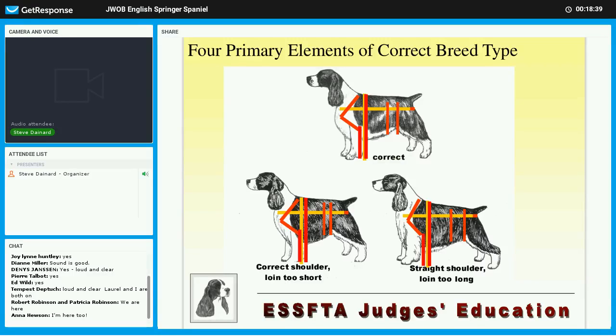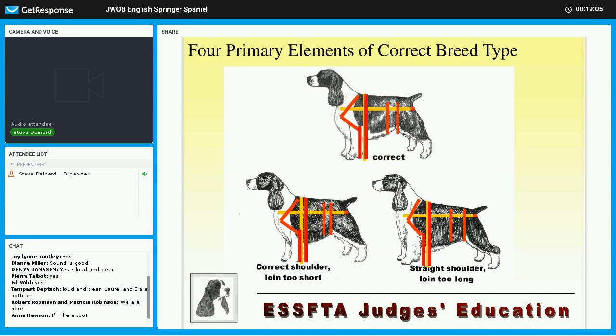So you should have a shorter, stronger, well-muscled loin area. Again, you can see the 50-50 split between withers to elbow, elbow to ground. We're looking at approximately the same length of body to height, from point of shoulder to point of buttocks, and again 45-degree layback of shoulder, with a 90-degree upper arm to scapula angle as well.